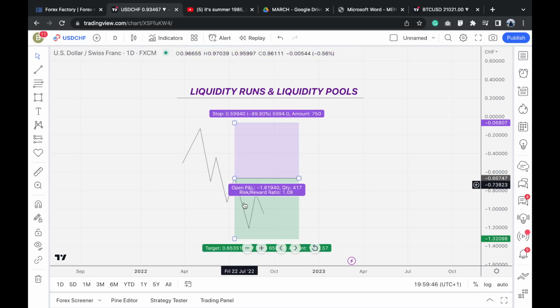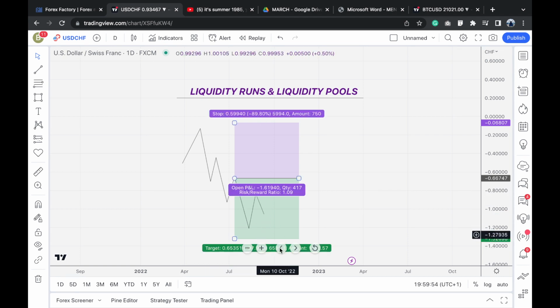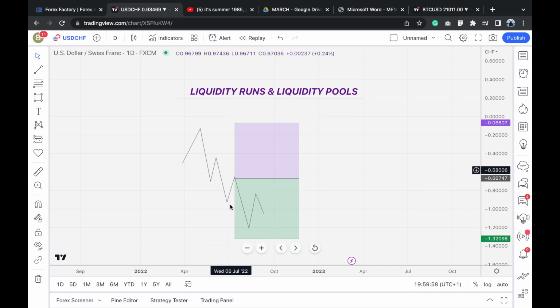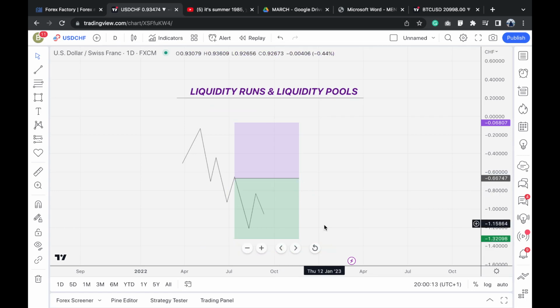If the market trades lower to your target, how do you exit the market? When you take profits, that is a market execution to buy. So your stop on the sell position is a buy limit order up here. And your target, your take profit, is also a buy limit order, to buy back your position at a discount. That's how you make a profit.